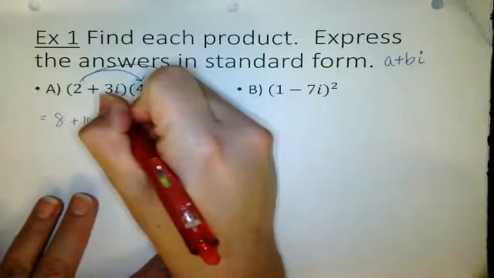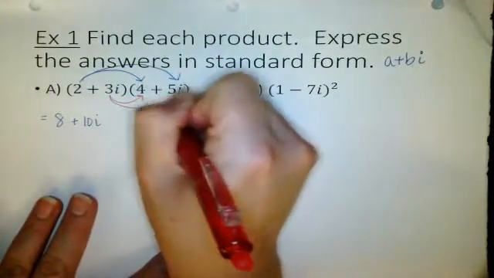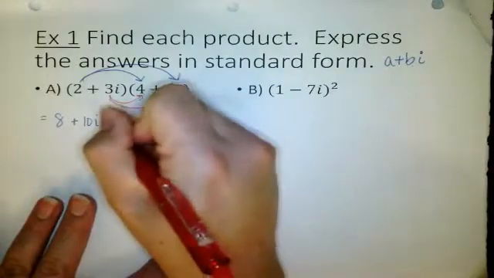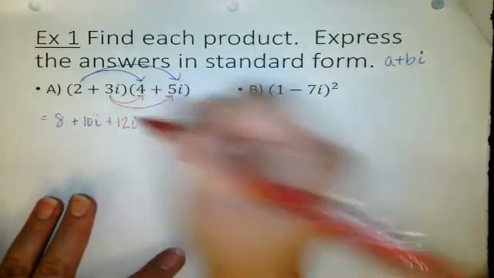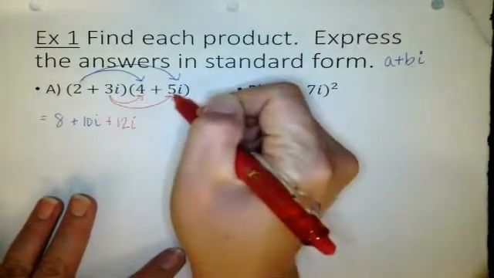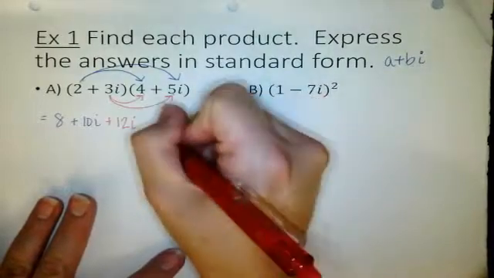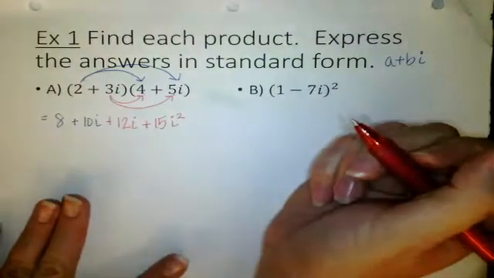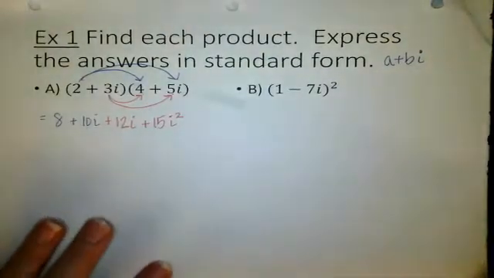And then we're also going to distribute in the 3i. So we have 3i times 4 is going to give you 12 i's. And then 3i times 5i would be 15i squared.